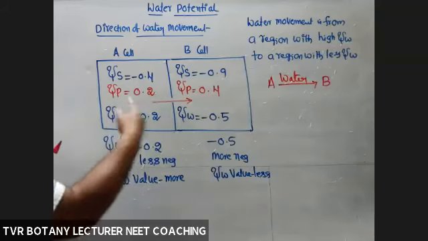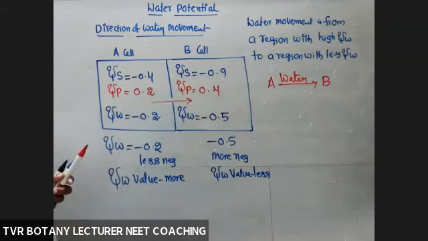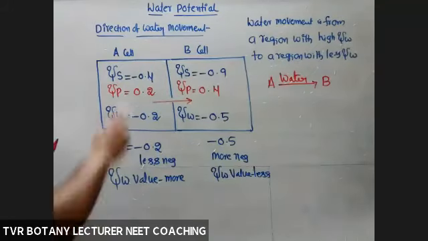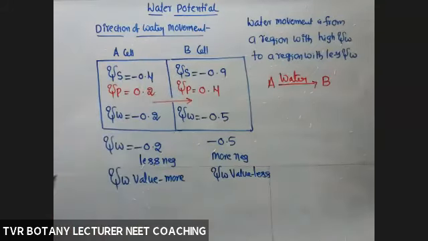Okay, so it will be continued till equilibrium reaches. Once A and B are at equilibrium, both are with the same psi W values, for example minus 0.3 in both the cases, for example only.